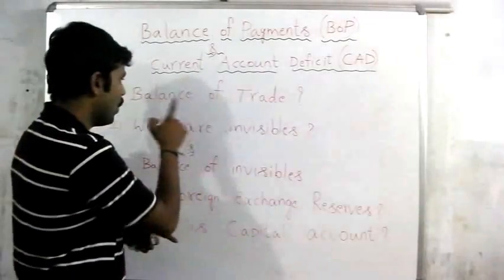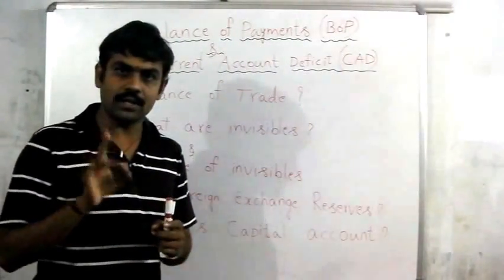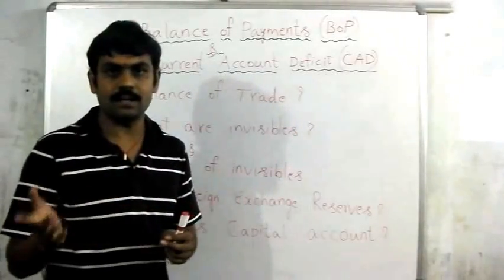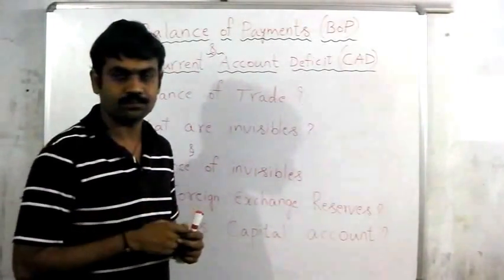So what is this balance of trade now? Not only individuals, that is a seller and a buyer, even countries do trade with one another.